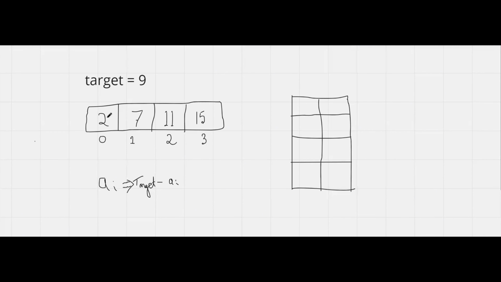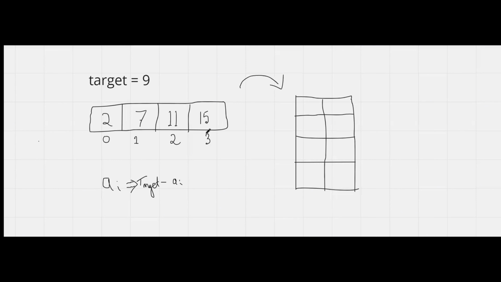Now let's analyze this example by using this map. At first, we are at element 2 in the loop. As we all know, a map contains values in key-value pair order. So here the key is 2 and the value is the index number.